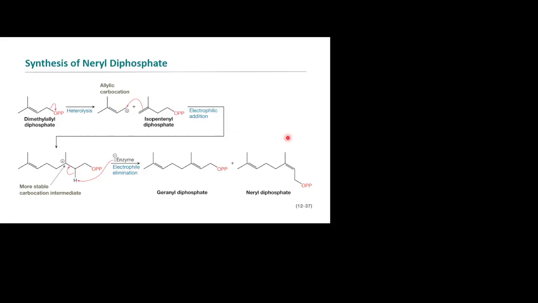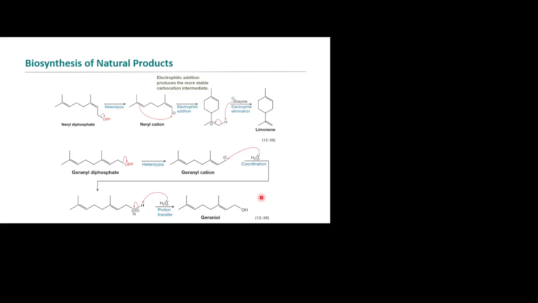Okay, so this is actually the synthesis of neryl diphosphate and geranyl diphosphate right here. And so this gives us our two different conformers of these. Does anybody have any questions about anything covered in the chapter? This is actually geraniol right here, which is like the smell of roses and stuff. It's a flower smell, of course.